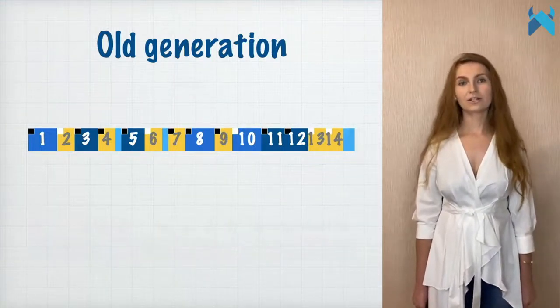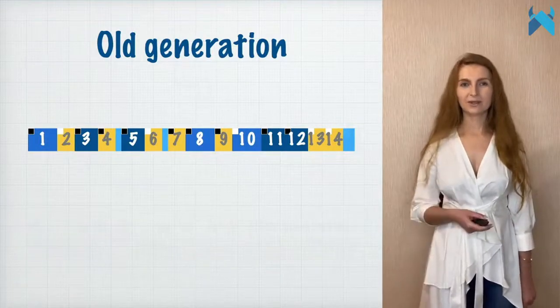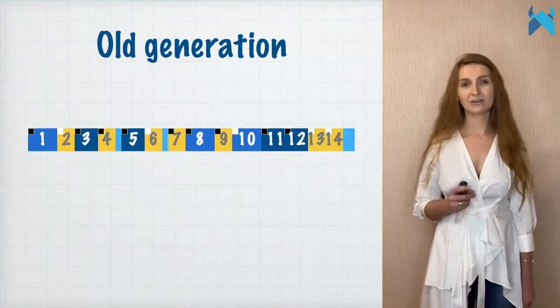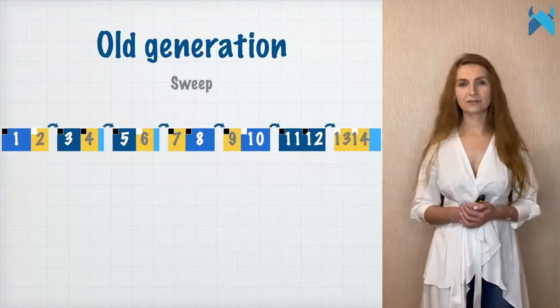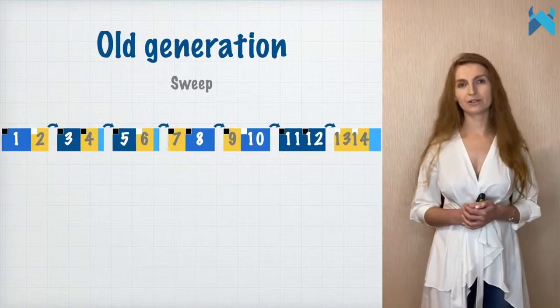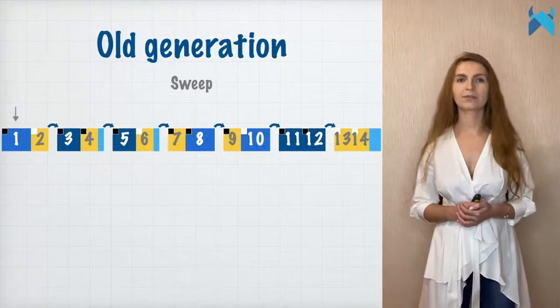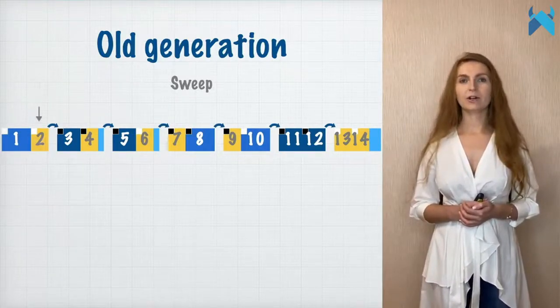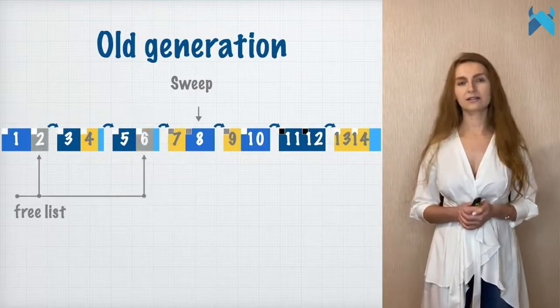Now that all objects are marked, there are two possible scenarios. The lightweight is called sweep and the hardcore is called compact. During the sweeping phase, the GC walks through a list of all generation pages and looks at objects' marking bit on every page. If GC meets a marked object, it just clears its marking bit and leaves it as is.